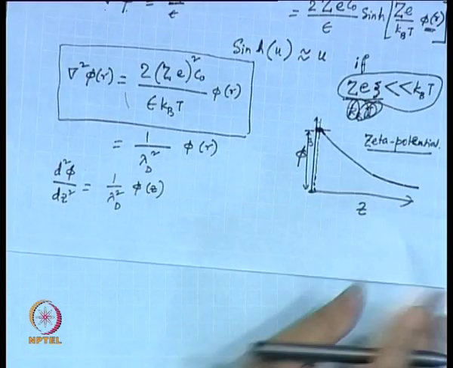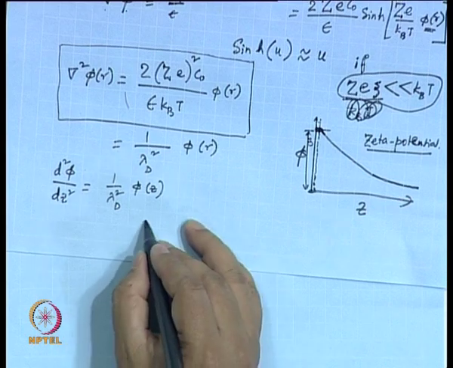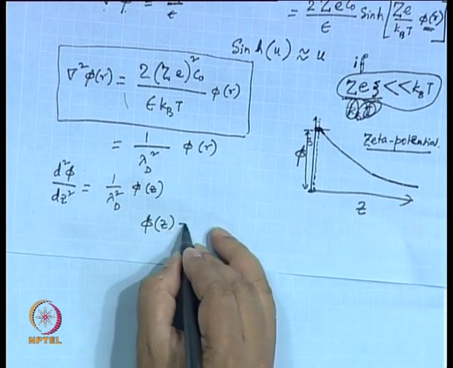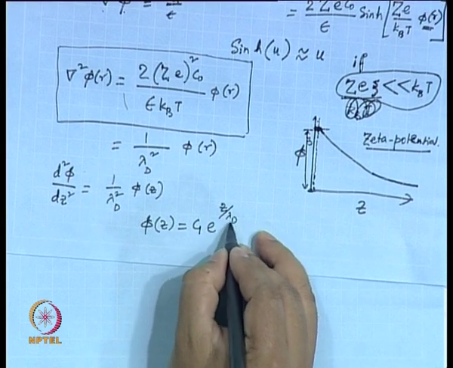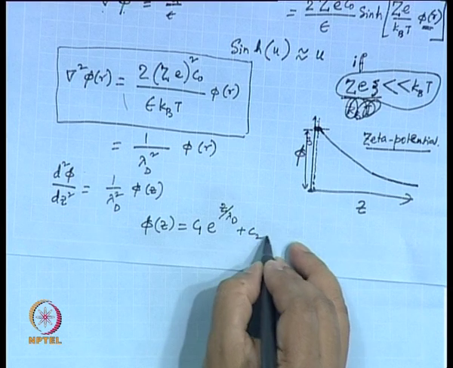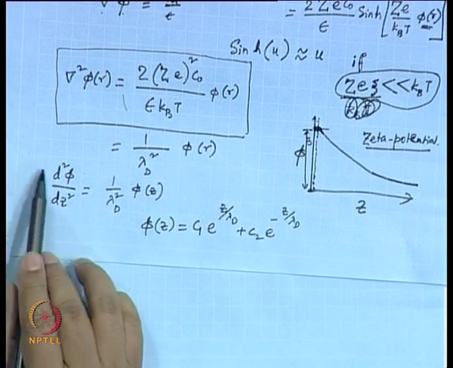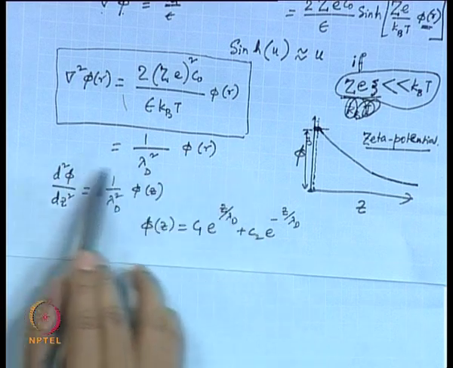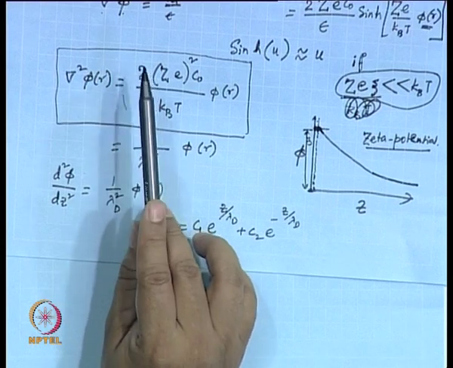And if that is so, then what would be the solution of this? The solution would be that phi of z equals C1 e to the power z divided by lambda D plus C2 e to the power minus z by lambda D. From this point onwards we have introduced a small z, which is different from the uppercase Z that we have been working with so far.